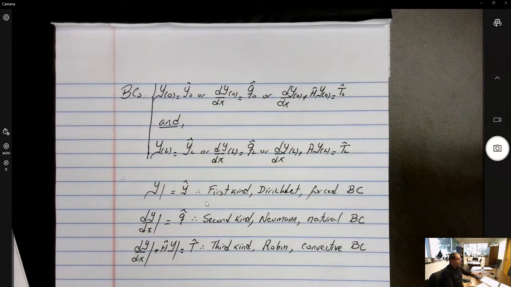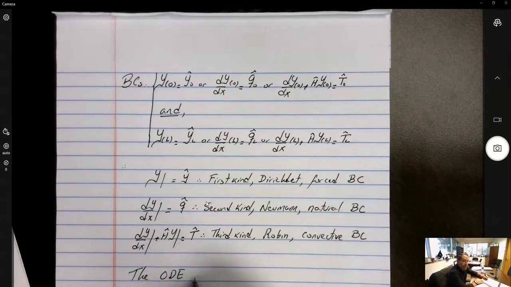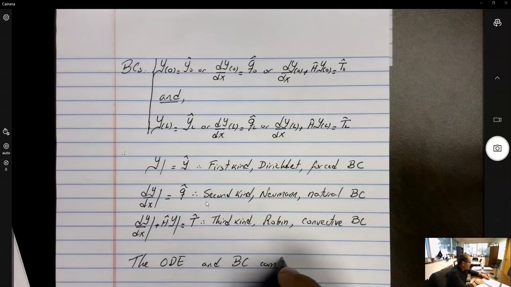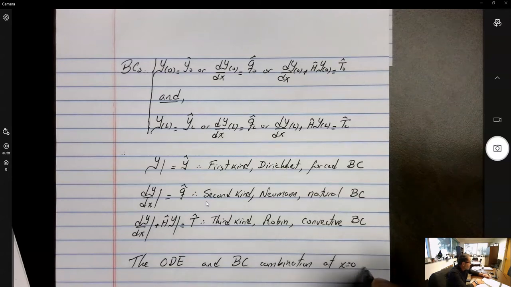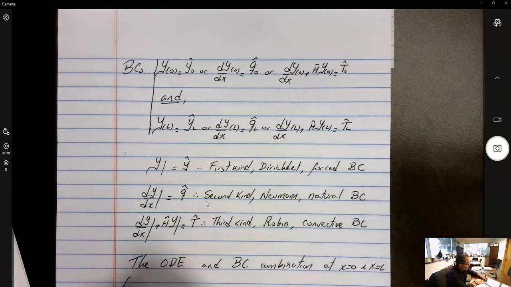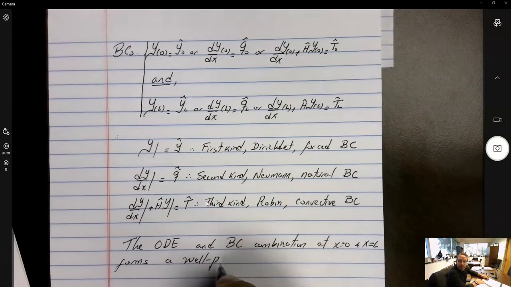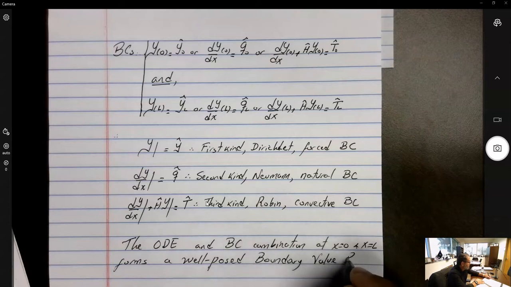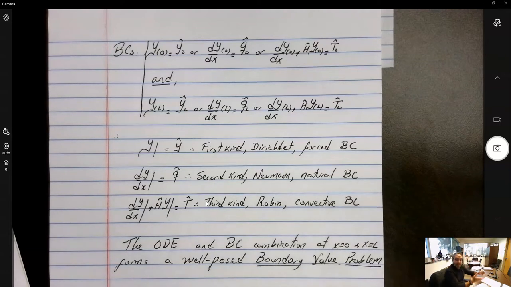But in order for the ODE and boundary condition combination at x equals 0 and x equal L to form a well-posed boundary value problem, instead of an initial value problem, for which you need initial conditions, 2 in this case.